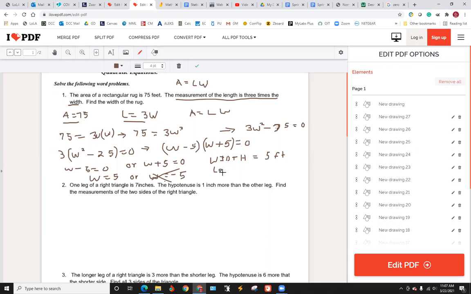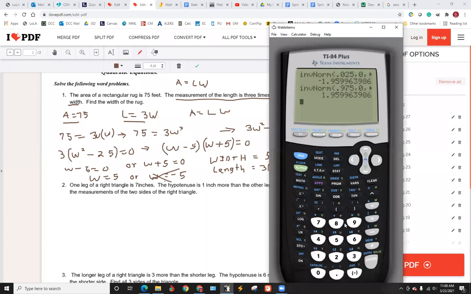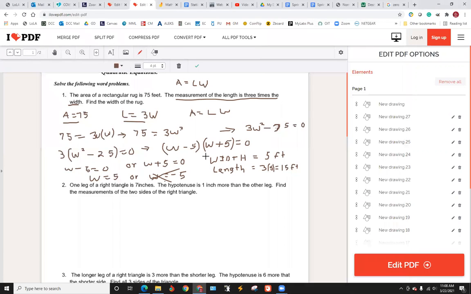They don't ask for this, but I'm just doing it as a check. And then you can see if you take 15 times 5, length times width, is 75. And that's what you got. So this is what they wanted to know. Width is equal to 5 feet.